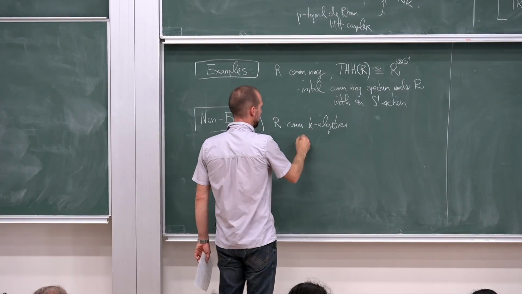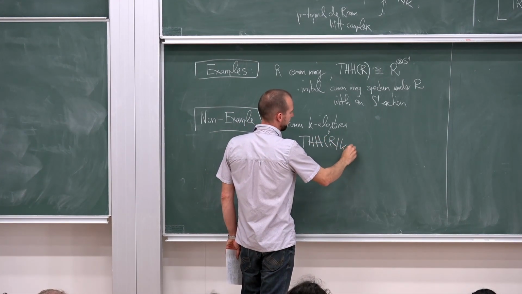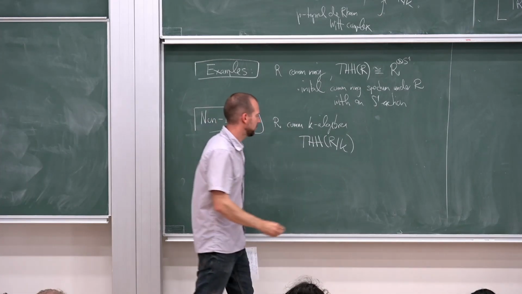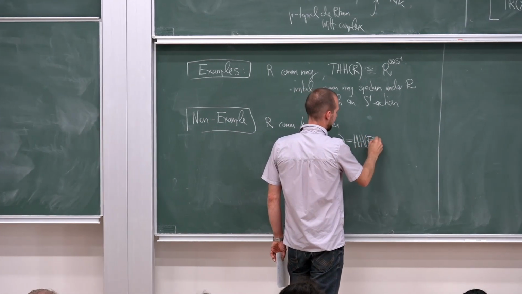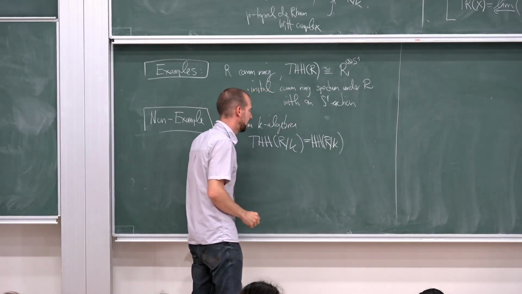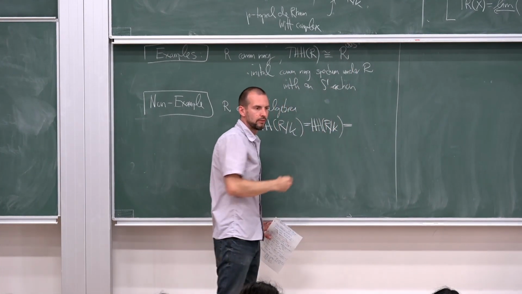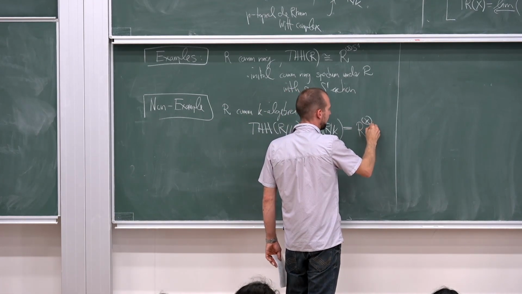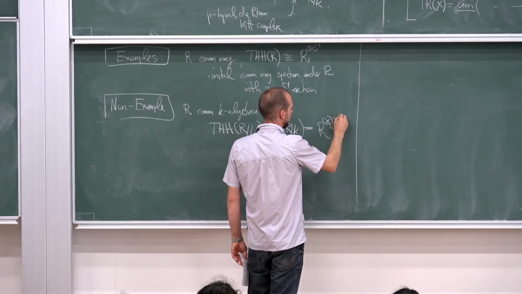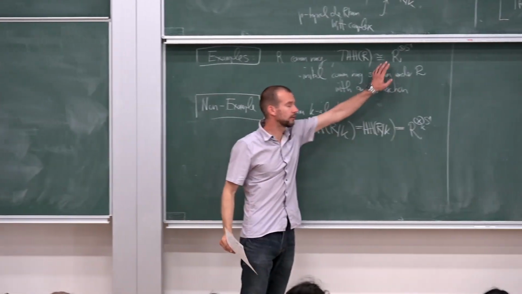Then you can do THH of R relative to K, which I guess you can also write as Hochschild homology of R relative to K, which would be defined, if I now think of it over spectra, I would just define it to be R, and then I tensor over K with S1. Right, you can do this in every symmetric monoidal infinity category.